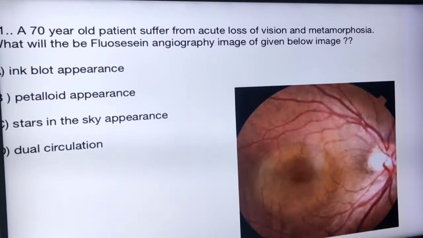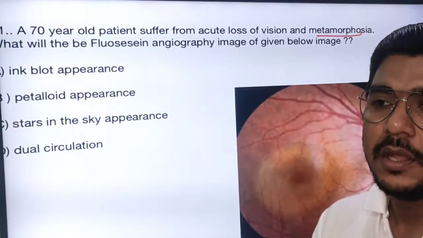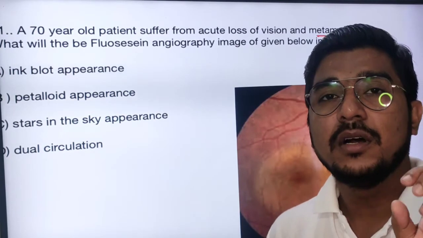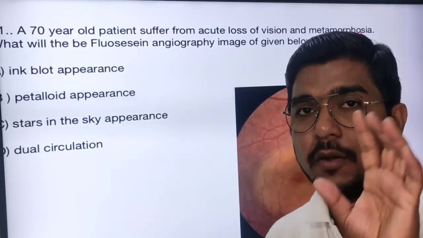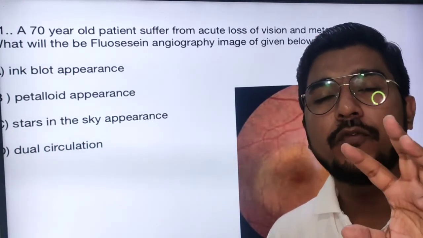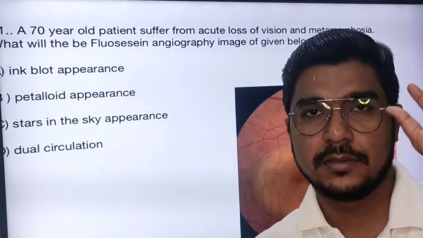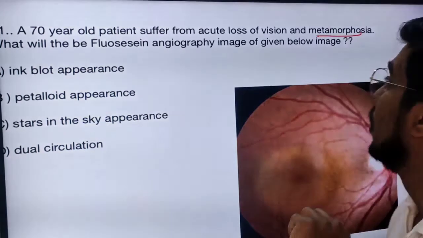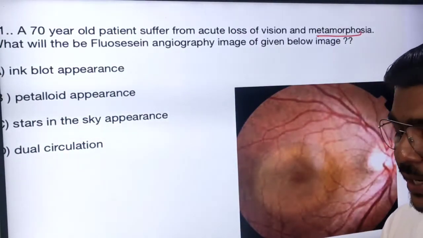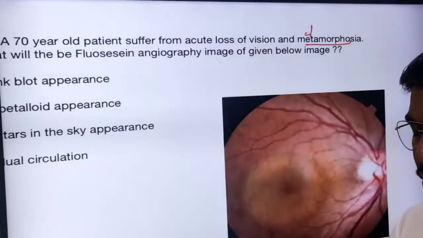See, the word metamorphopsia means distorted images, distorted lines. And this occurs only when there is some problem over the macular area. Remember, when there is a metamorphopsia symptom, you have to go for macular disease only. Metamorphopsia is diagnosed by the Amsler grid test. So this can also be a question.